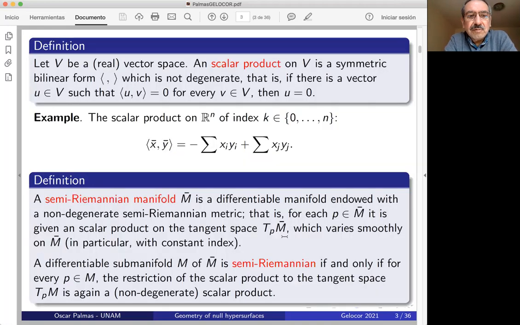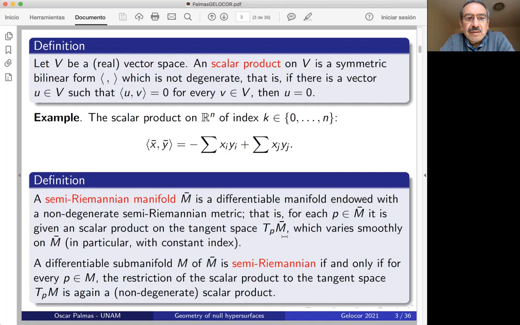Okay, so some background, although I think that many people here know these definitions, so I will speak about them very quickly. Given a vector space V, we say that a scalar product is a symmetric bilinear form which is non-degenerate.